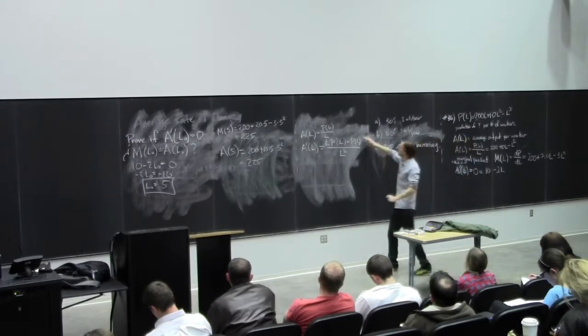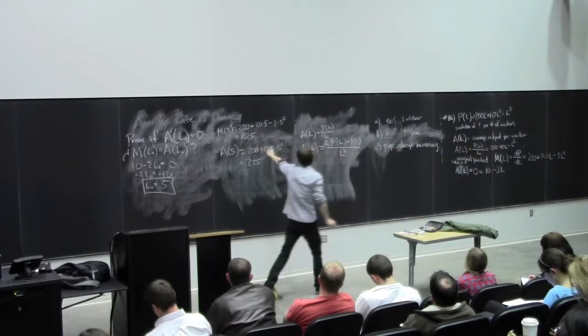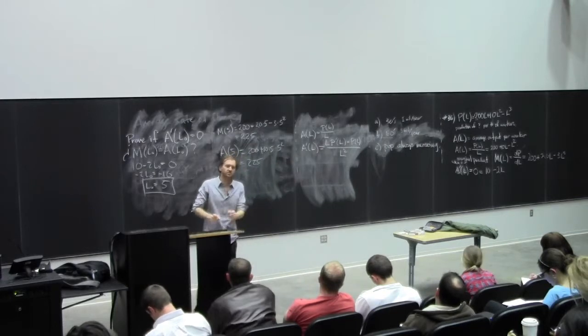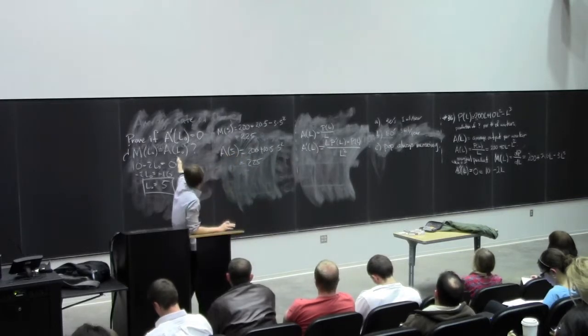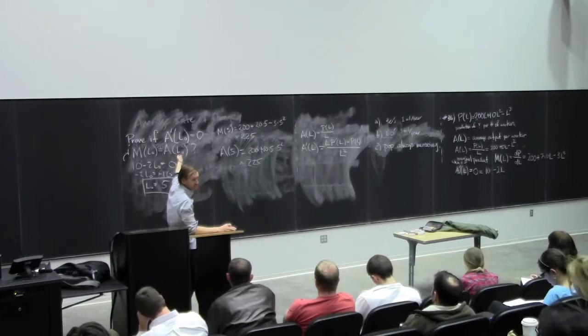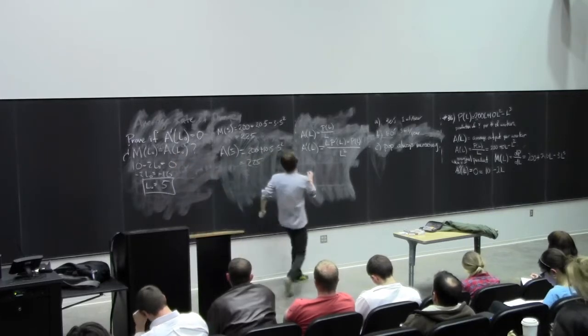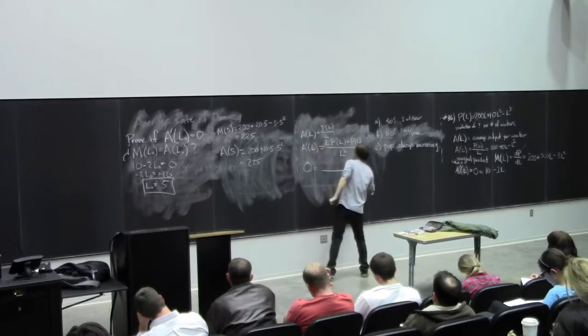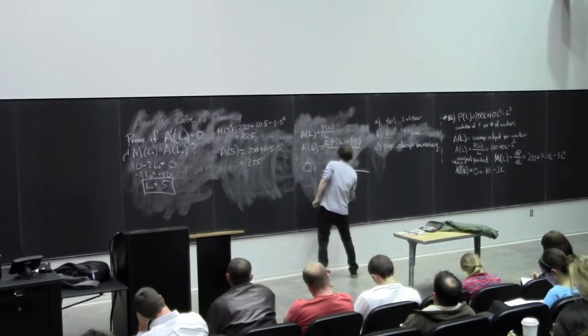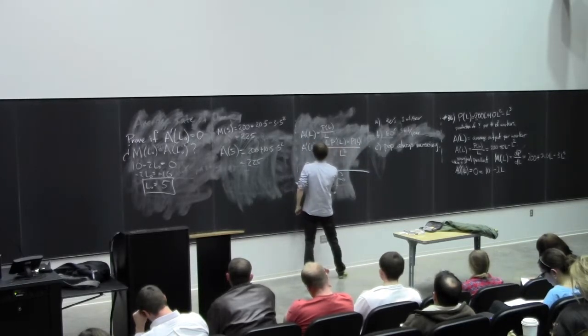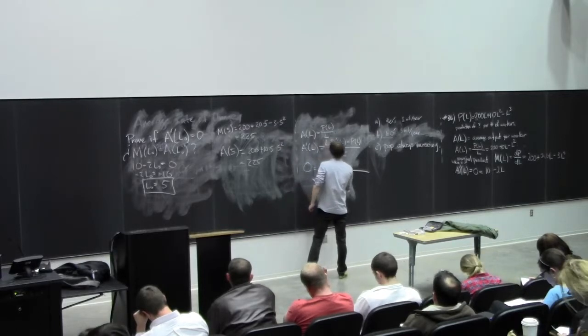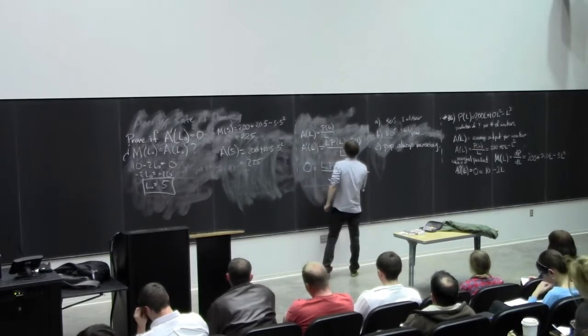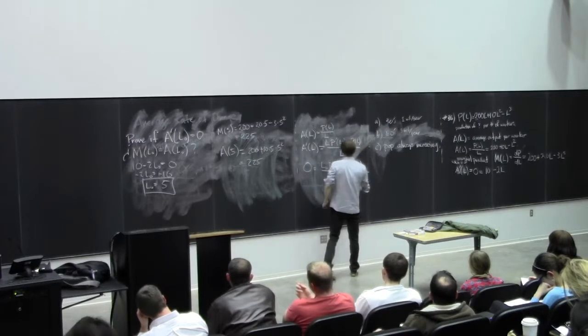All right, so here's this. Now, what do you know about when you plug L naught into this thing? What do you get out? 0. So 0 is equal to L naught P prime of L naught minus P of L naught.